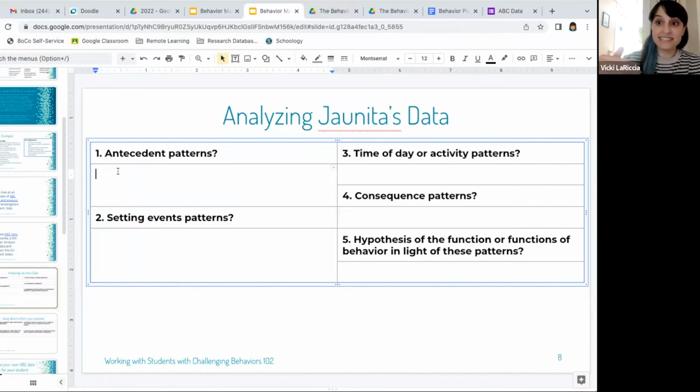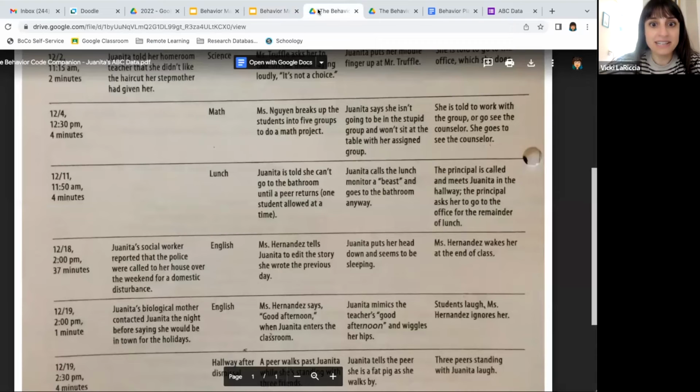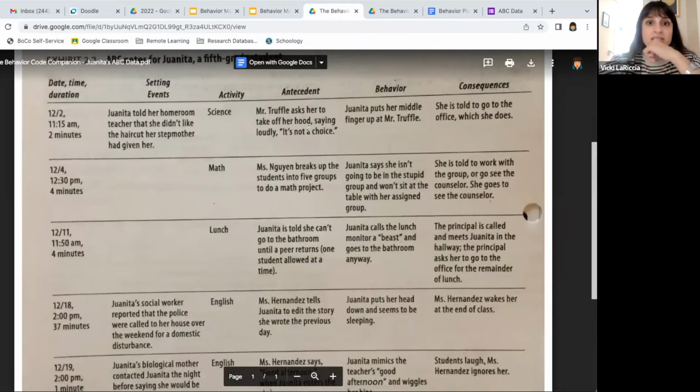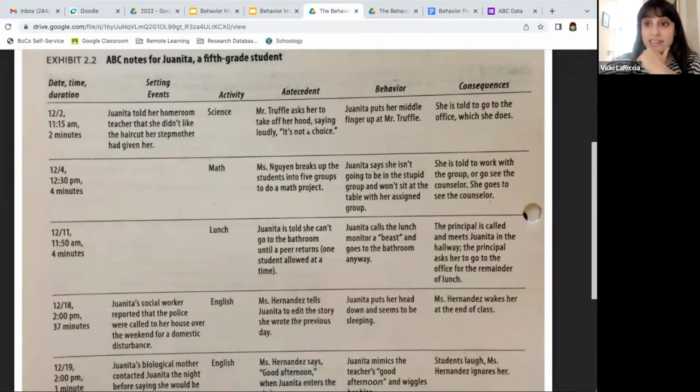So like Stan's data, they listed, this antecedent happened this many times, and this antecedent happened this many times. So let's go back to Juanita and see the antecedent column. I don't know if you can see my cursor, it's this middle-ish column here. So are there any patterns? And I would say a pattern is like 2 or more things, 2 or more times that something occurs.